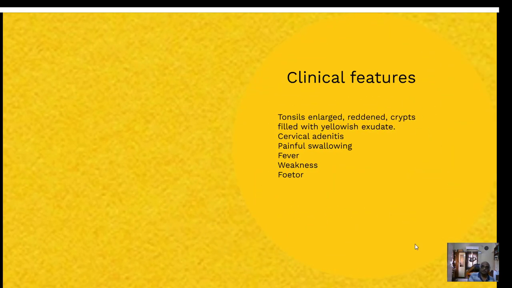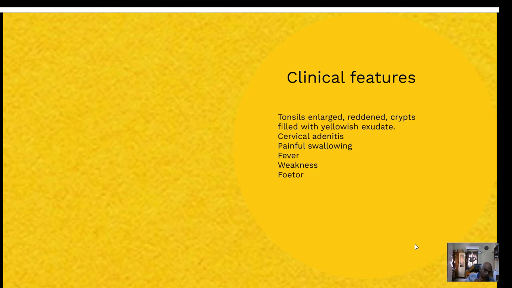The clinical features of acute follicular tonsillitis include enlargement of the tonsil, reddened tonsil, and crypts filled with yellowish exudate. There is presence of enlarged jugulodigastric node, cervical adenitis. Then there could be painful swallowing, odynophagia. These children can have fever, weakness, and fetor.